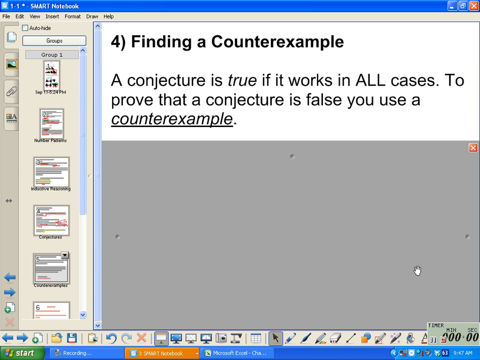Conjectures are always true if they work in all cases. Conjectures are true if they work every single time in all cases. Whenever a conjecture is not true, you have to prove it as false with a counterexample.